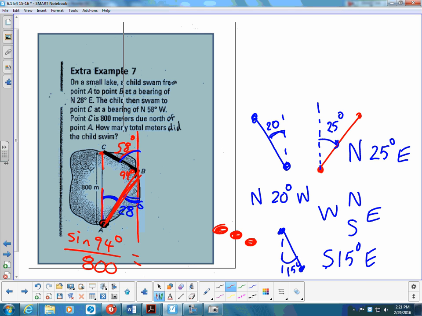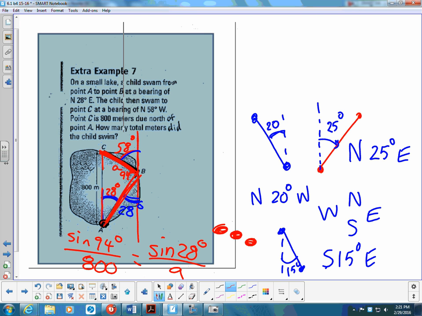No. Well, let's go with this one first. This side here, because we can say equals sine of 28 degrees over, that would be side A here, right? Everybody agree? So you can do that.